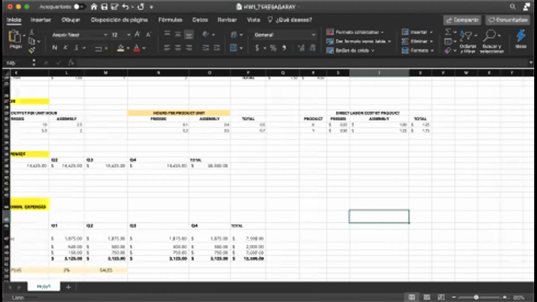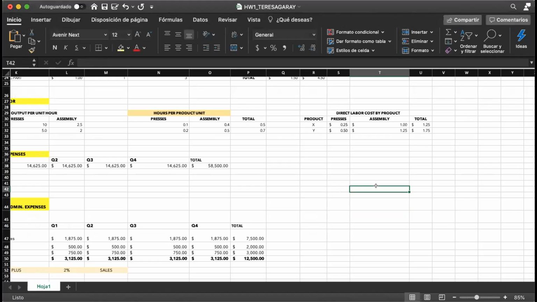So in here, in order to make the budget, first we have to convert into hours the budgeted production.